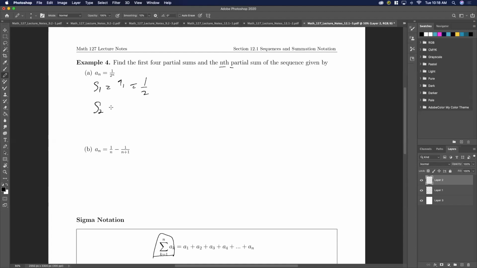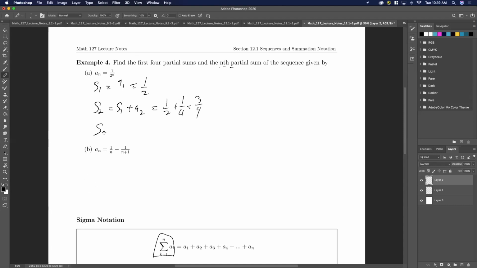Well, S2 is equal to S1 plus A2, right? Because if I just add up, it's equal to A1 plus A2, or S1. S1 equals A1, right? And the reason I'm writing it this way, because here I'll have a half plus a fourth gives me 3/4, right? If I convert this over.